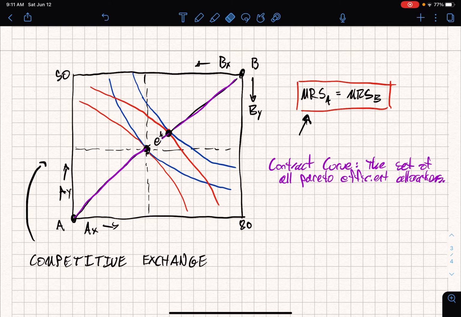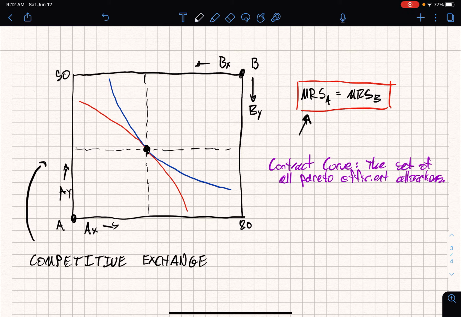So for prices to be set properly, we need to make sure that neither Andrew or Bea would be willing to do something different based on the prices and their current indifference curve.